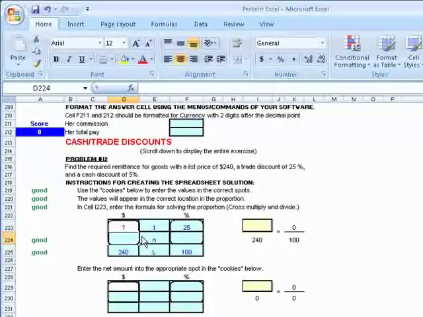So if the discount is 25%, then the net price must be 75% because they have to add up to 100%. We aren't looking for the amount of trade discount. We're looking for the required remittance, so we are looking for this value right here.